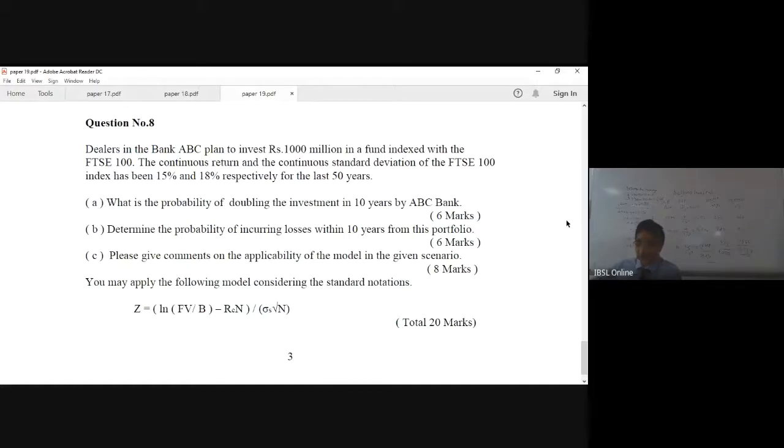Just to get the Z value, how are you going to take it?